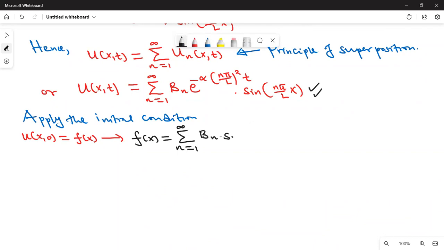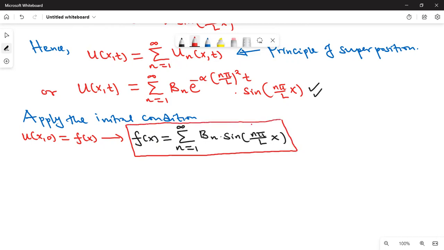Then the sine n pi over L x. That's what we have. Look at what I've written in black. This one here is a series. And which type of series is this one? It is a half-range Fourier sine series.